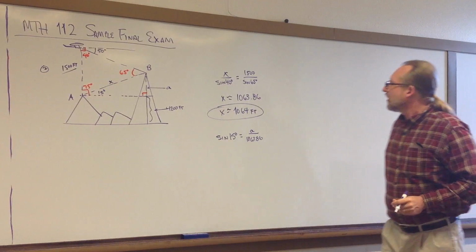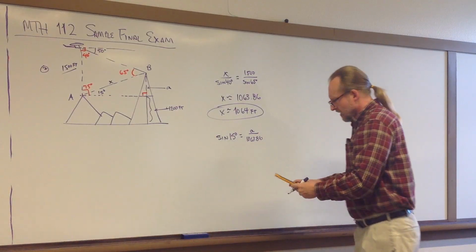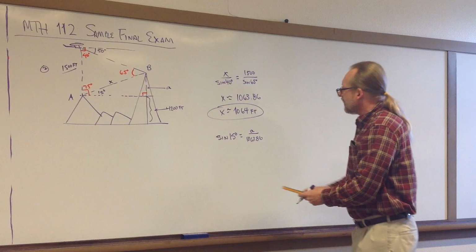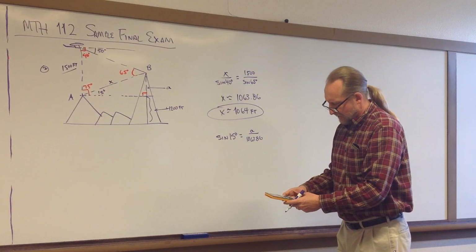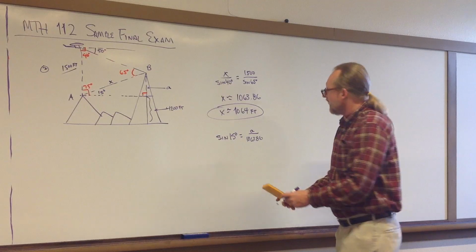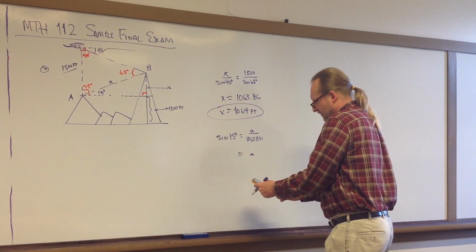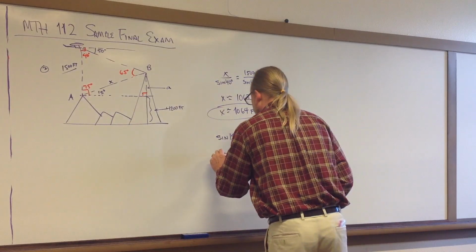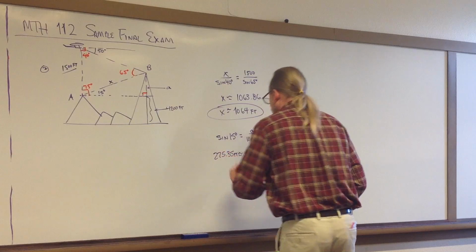All right, and actually I'll calculate this and see if we get any noticeable difference. So let's see. We want to multiply this 1,063.86 times the sine of 15, and that tells me that A then is going to be about 275.35. That's in feet.